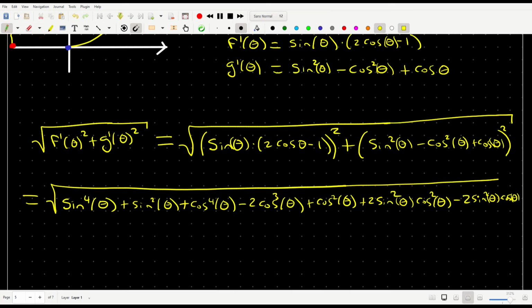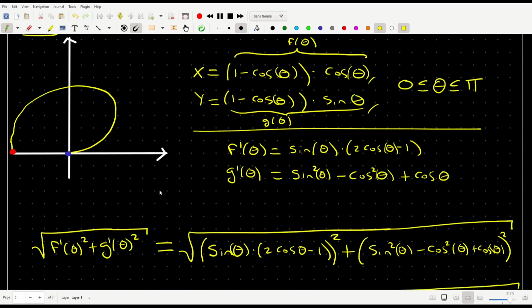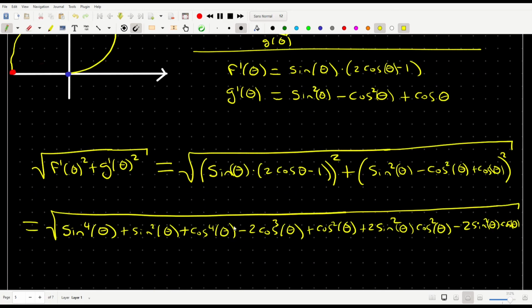It's even longer than the form that we're starting with here. So this is not something that we necessarily want to integrate, but if we want to find the surface area of the cardioid, we're going to have to deal with this somehow.